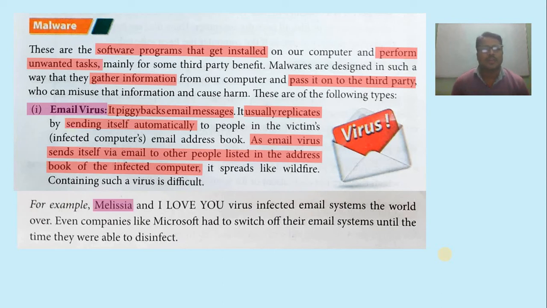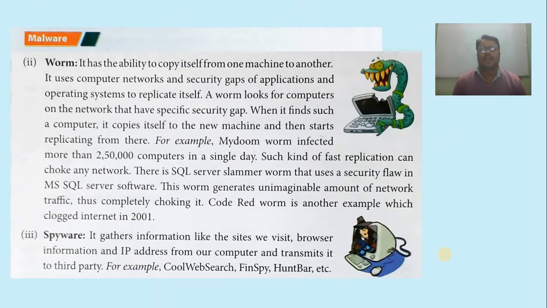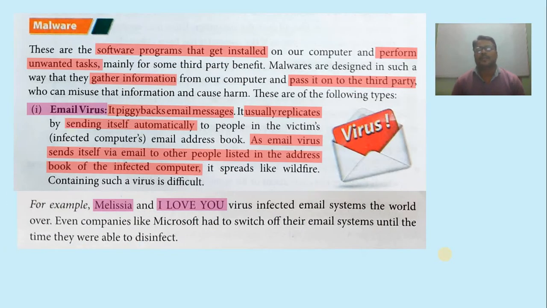This is not good. Melissa and I Love You are viruses that affected computer email systems very much. Microsoft was once affected by these two viruses, which switched off all the email systems, and after removing the virus, it started again.